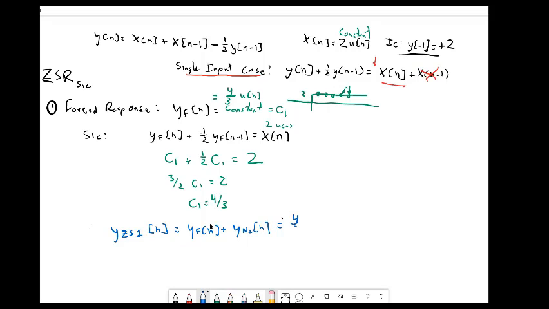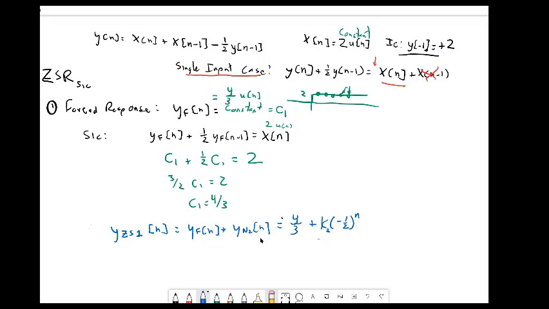It's 4/3. The natural response piece, I don't know how big it is, but I know what shape it is. I figured that out when I did the zero input response. And so I can take advantage of that and say, this has the form of (-1/2) to the n, but I don't know how big it is, so we'll put an unknown coefficient out in front of it, and have the single input case zero state response form.